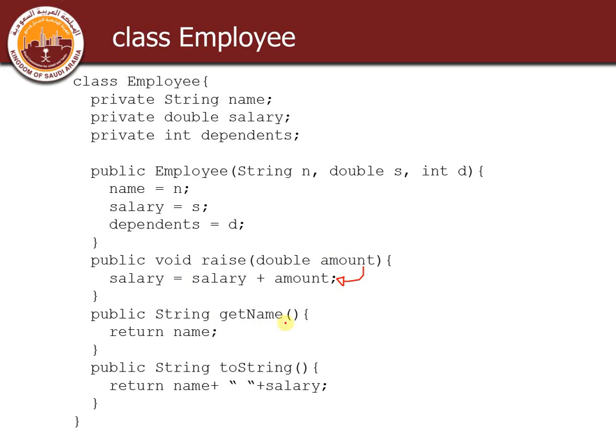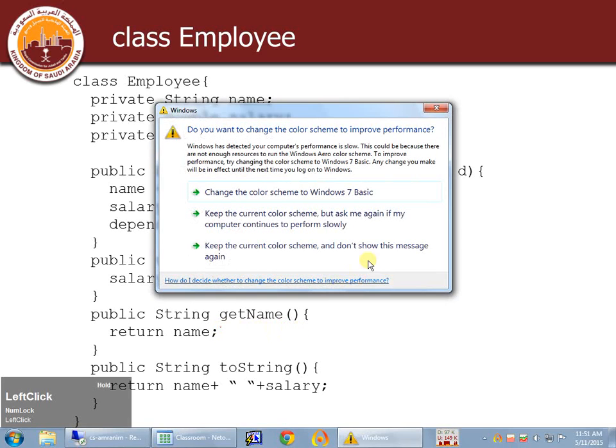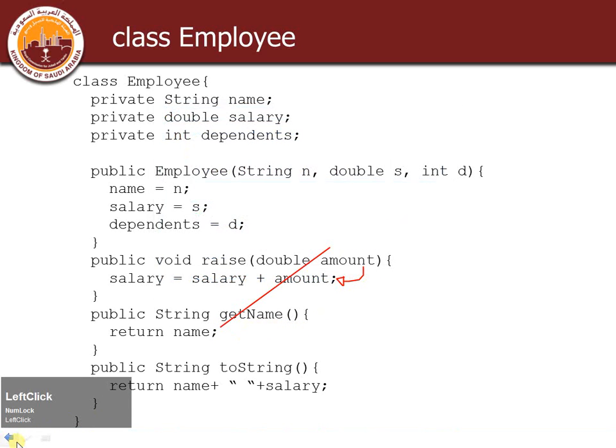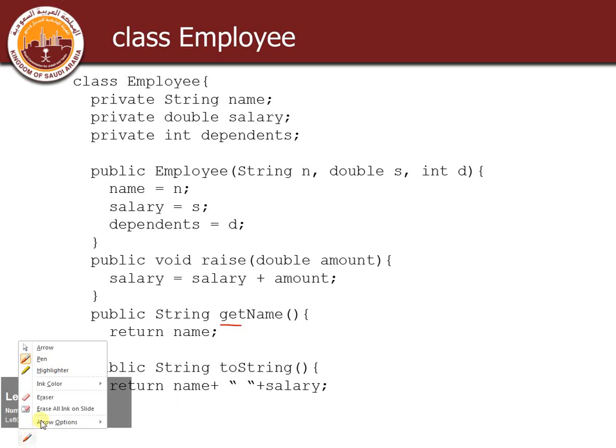And getName, the getter, is this the mutator or the accessor? Whenever you say get, you access the variable content, so this is an accessor. Set, you change the value, this is a mutator because it mutates, it changes. Mutator, change, just remember this.